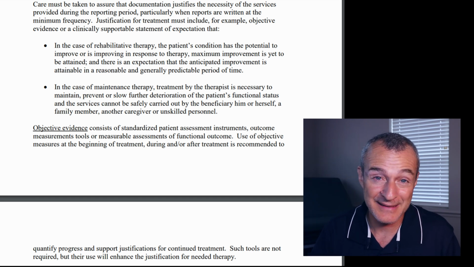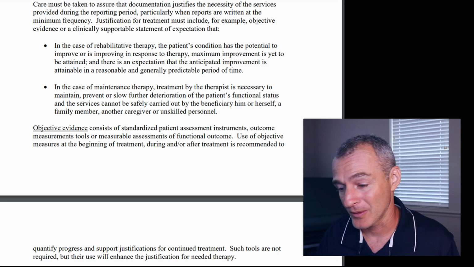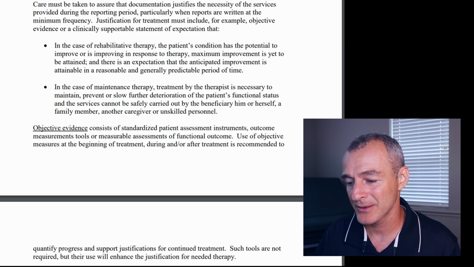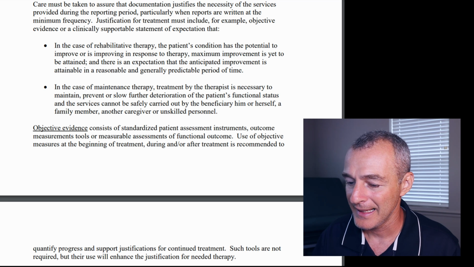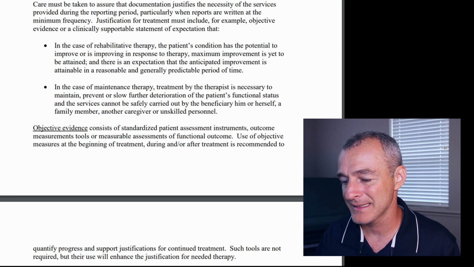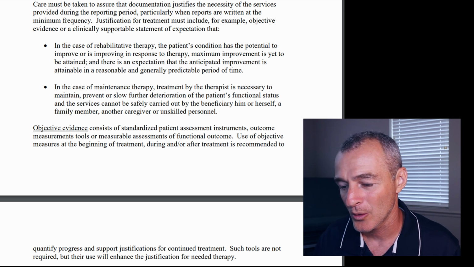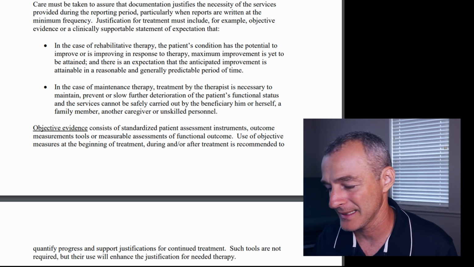If it's maintenance that we're providing, and we're doing a progress note for a maintenance program, treatment by the therapist is necessary to maintain, prevent, or slow further deterioration of the patient's functional status, and the services cannot be safely carried out by the beneficiary, him or herself, or a family member, or another caregiver, or unskilled personnel.